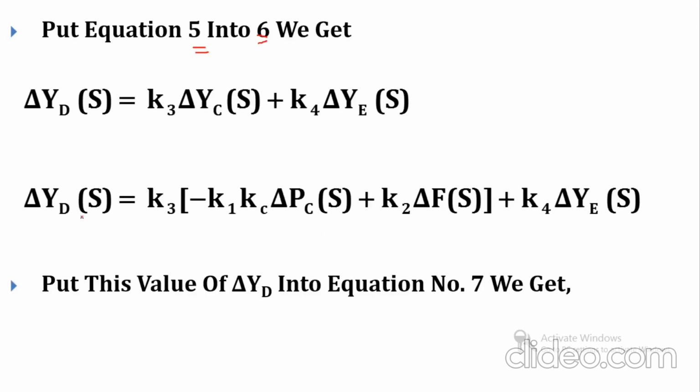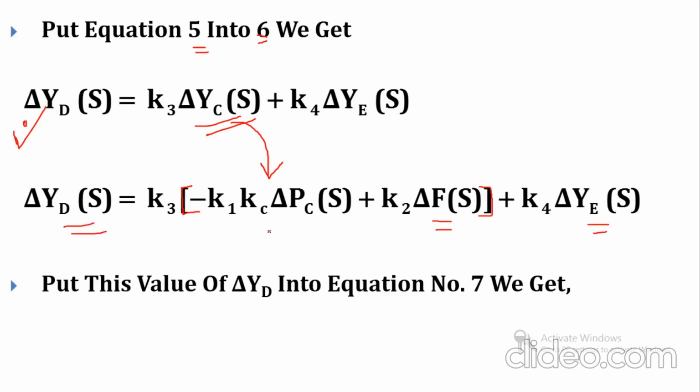So this is our equation number 5, delta yd is equal to k3 into delta yc plus k4 into delta ye. So this is our value of delta yc. We will replace delta yc with its actual value. So the entire equation is in terms of delta ye, delta f of s and delta pc of s.